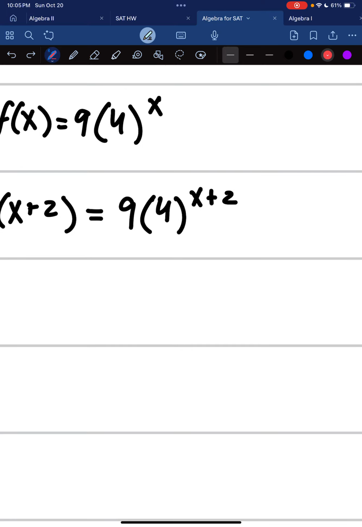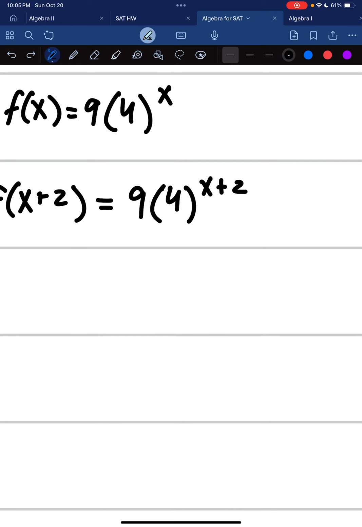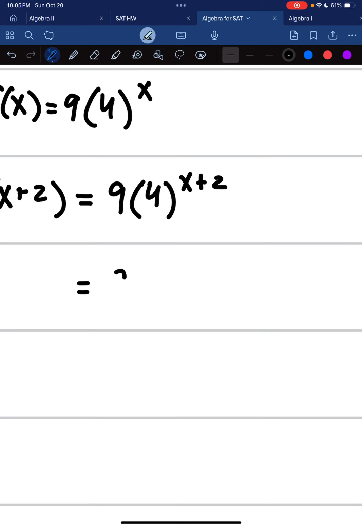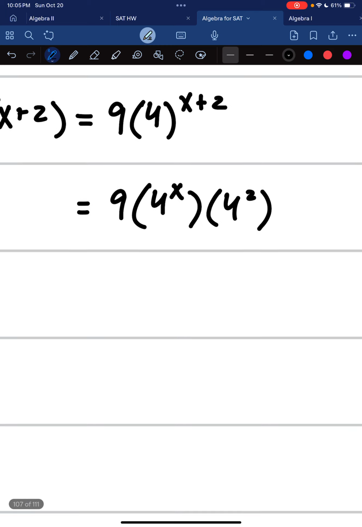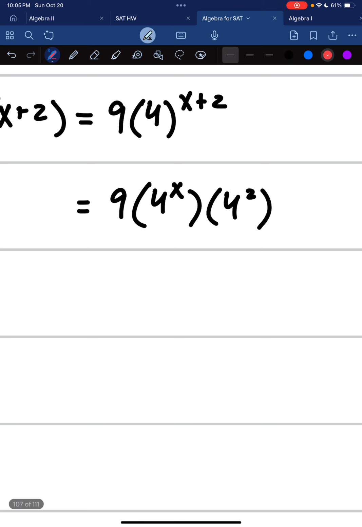So what I can do is replace this with 4 to the power of x times 4 to the power of 2, and then this becomes 9 times 4 to the power of x times 4 to the power of 2. And while I can't multiply 9 by 4 to the power of x, I can multiply it by 4 to the power of 2, because 4 to the power of 2 is just 16, which is just a number, right?